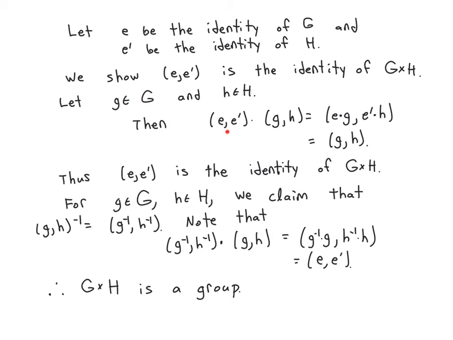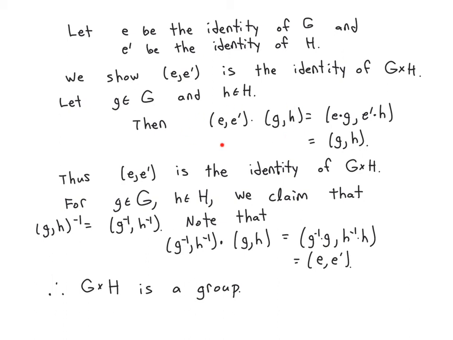To check that this is actually the identity, we need to check that this product is equal to g comma h. Right? Multiplying any element by the identity gives you the element back. And any element in this set is an ordered pair like this. That's the reason why we're doing this.